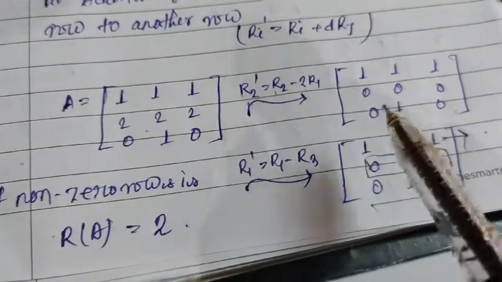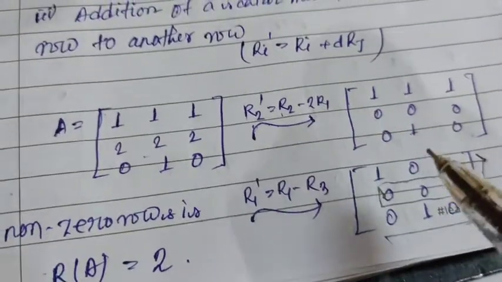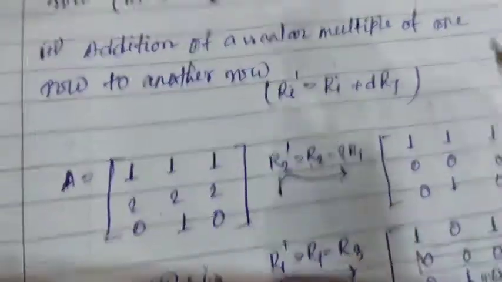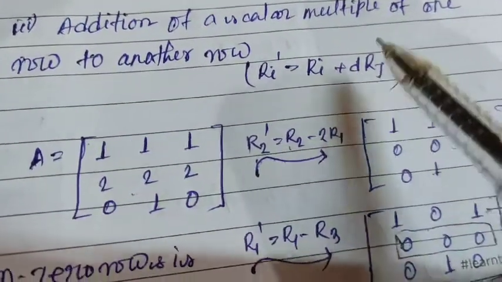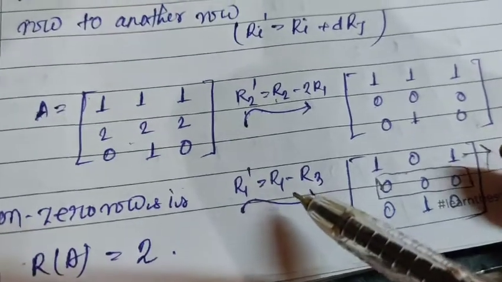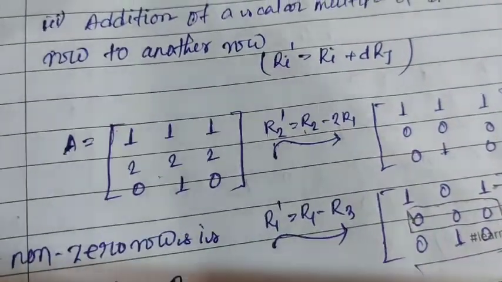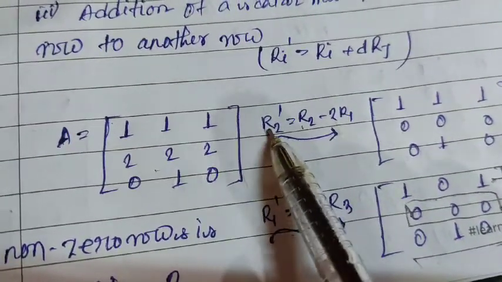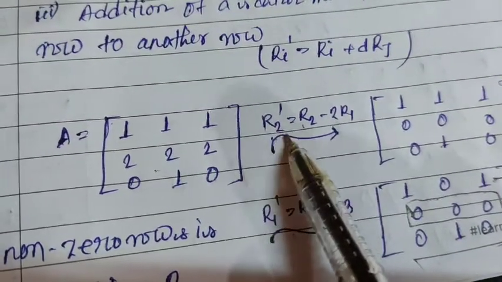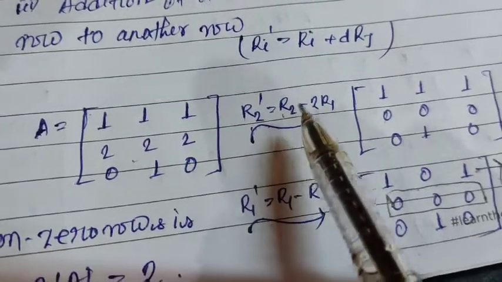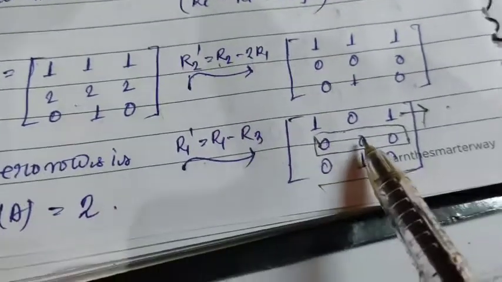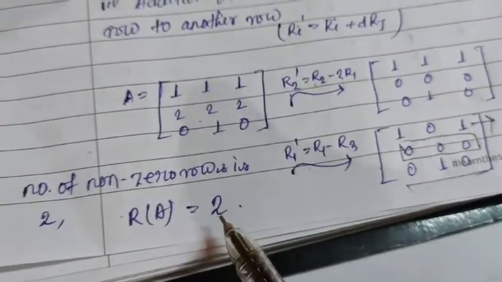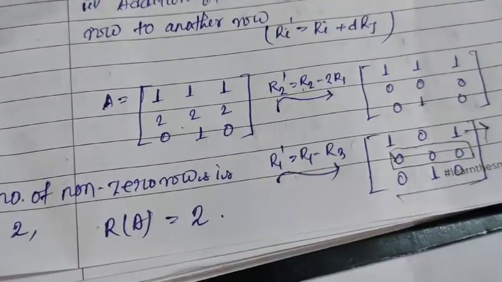And always remember, when we use this type of operation, Ri dash is equal to Ri plus c Rj, when you want to change R1 dash, you cannot multiply R1 by any scalar, and similarly, when you want to change R2, you cannot multiply R2 by any scalar. So remember this. See here the number of zero rows is 1 and the number of non-zero rows is 2. So here the rank of A is equal to 2.